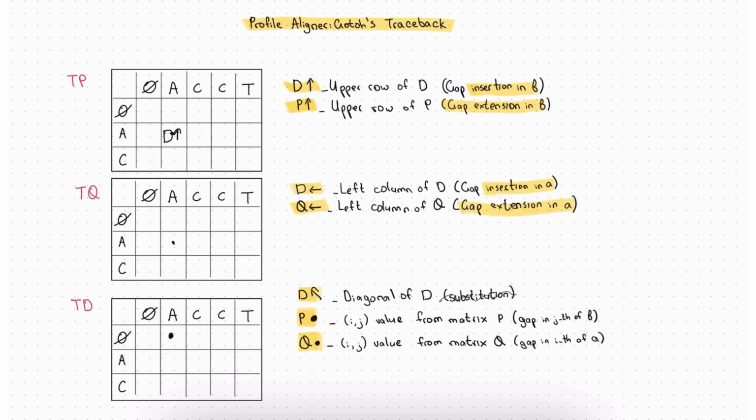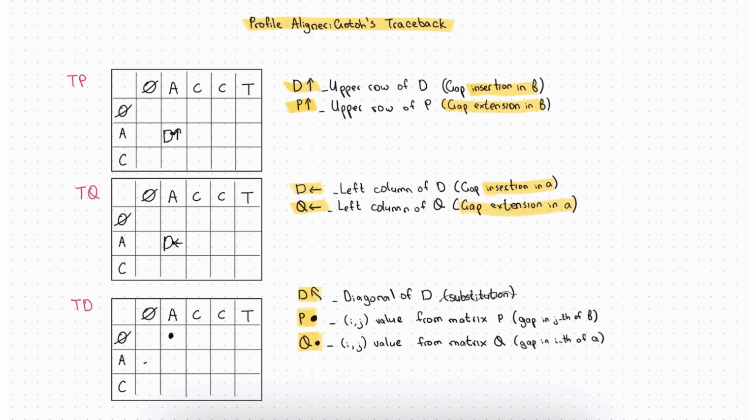Similarly, for TQ, because we had infinities in the left column, we had to take the value from the left column of matrix D. So we would put the following information in this cell.